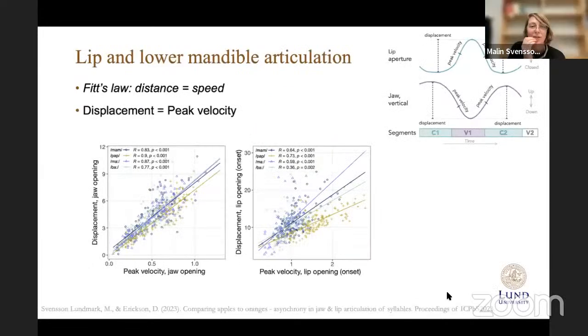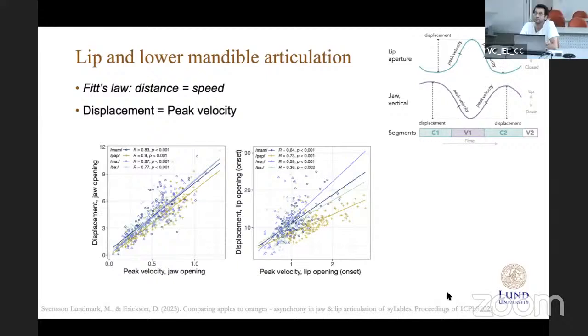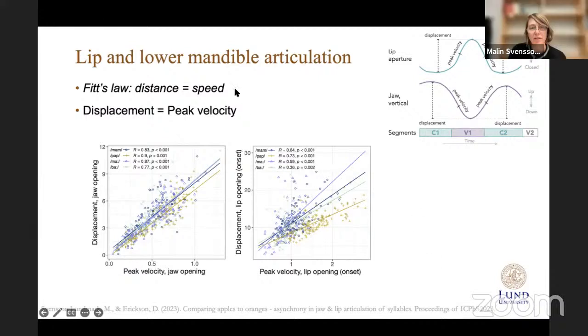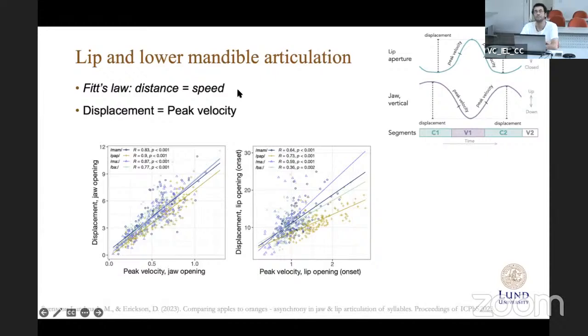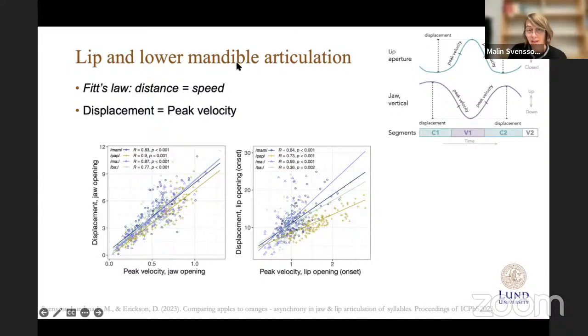Yeah. I mean, this figure on the top is one speaker saying mama, I think. So the peak velocity is kind of lined up here. But the start of this vowel segment is the peak acceleration that's going on here of the lips. So I'm not sure if the peak acceleration is related to the peak velocity of the jaw.